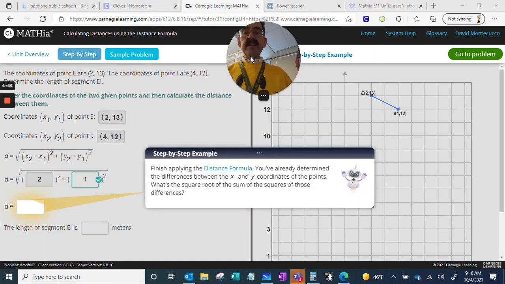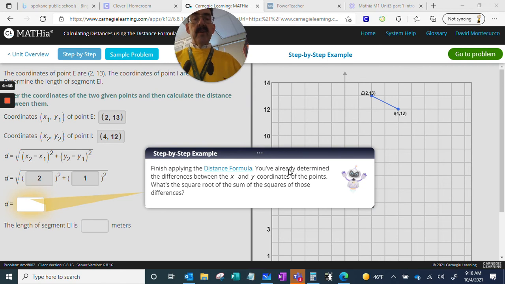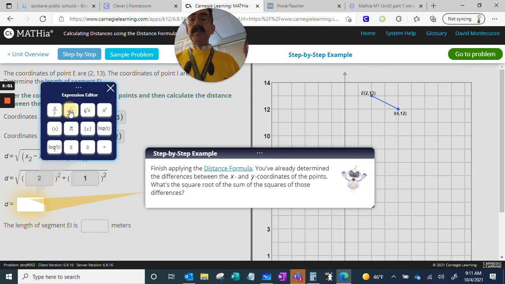And my face is in the way. Applying, you've already determined the difference between the x and y coordinates. What is the square root of the sum? So let's just click in here, and we know that 2 times 2 is 4, but I don't have to worry about that. I'm going to click here, square root.